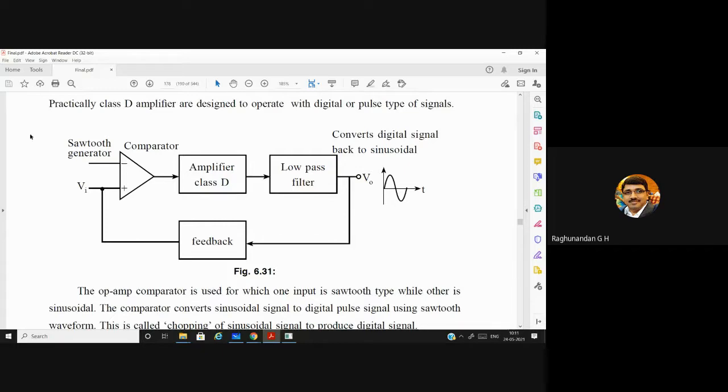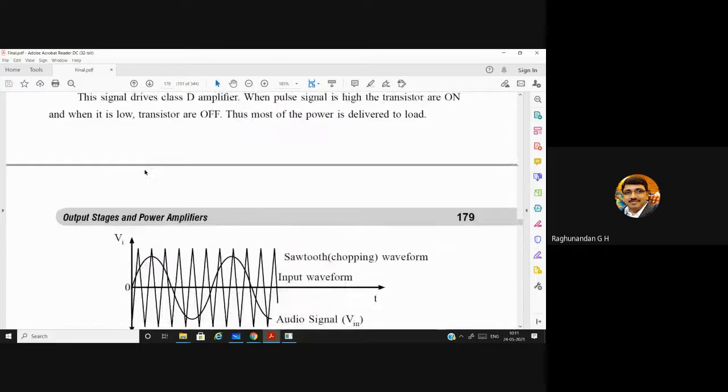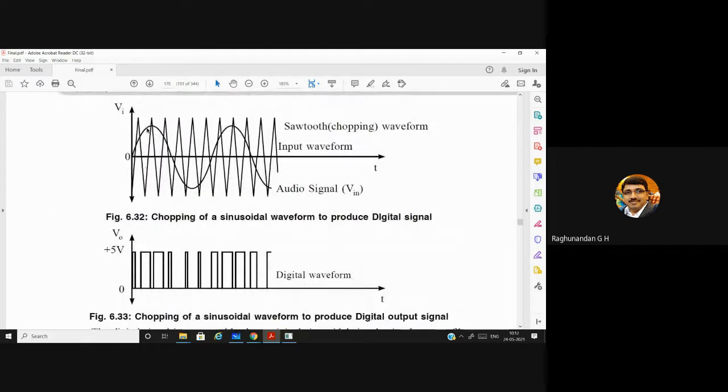Now how is it going to compare this? You can see through this diagram. This is the audio signal, that is Vi, which we are giving, and this is the sawtooth.